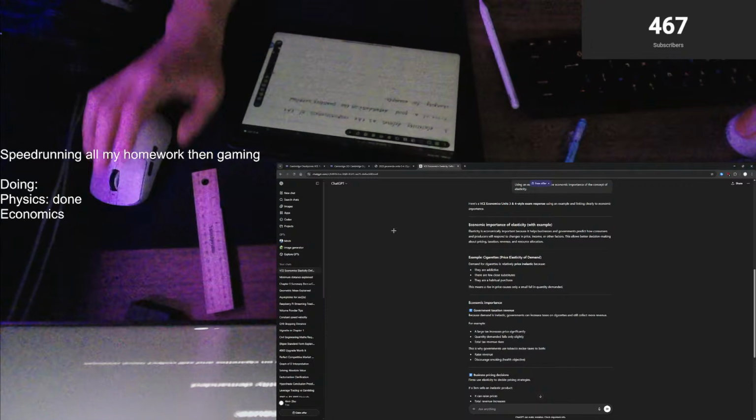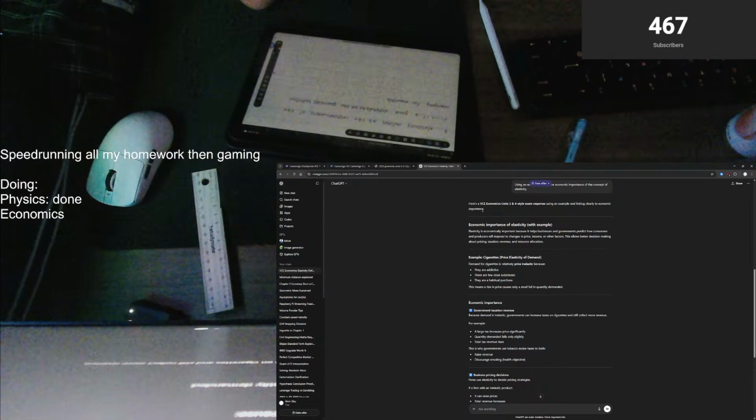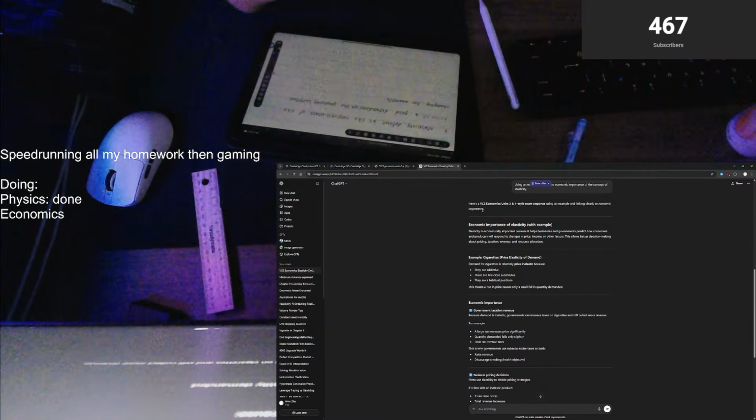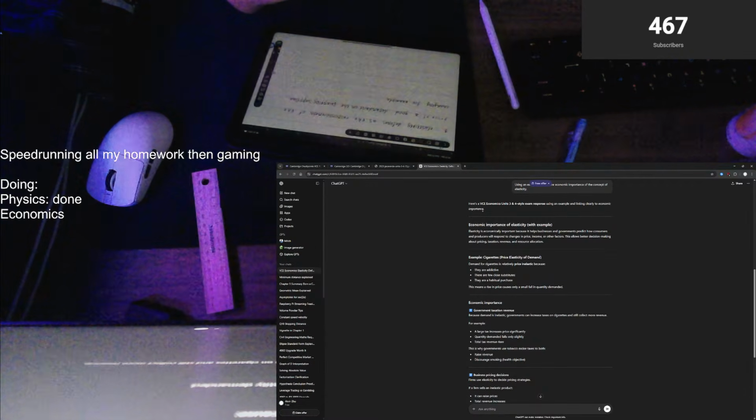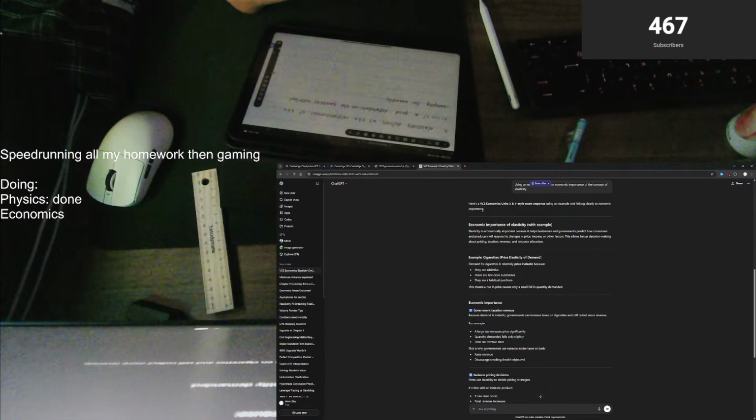Well, I don't know what it means. Elasticity is economically important because it helps businesses and governments predict how consumers and producers will respond to changes in price, income, or other factors.